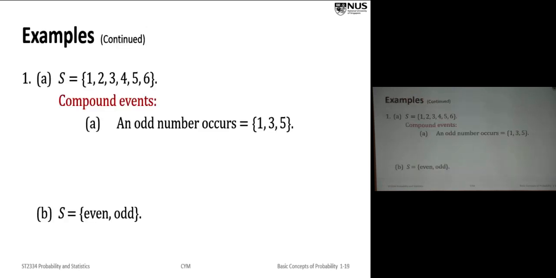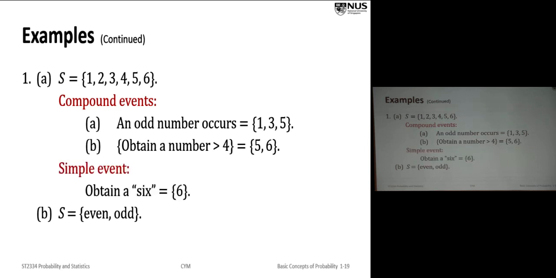So in this case, an odd number is a compound event because it consists of 3 outcomes. A number greater than 4 is also a compound event, which means it has more than 1 outcome. A simple event is just getting a 6 in this experiment.